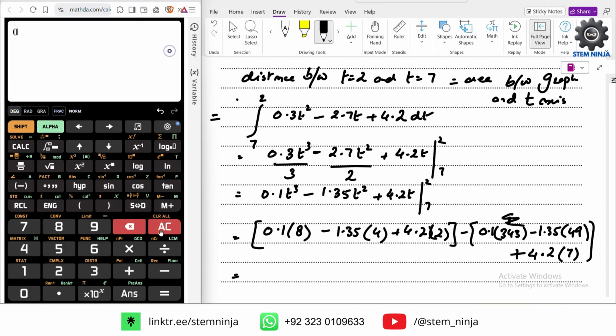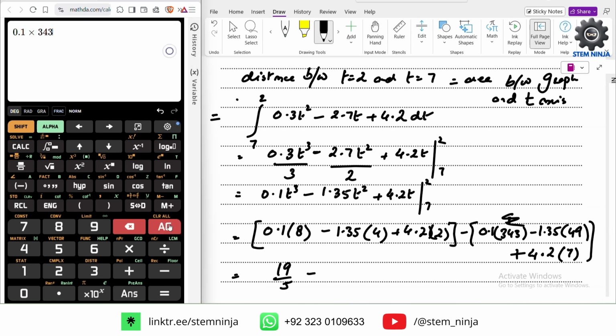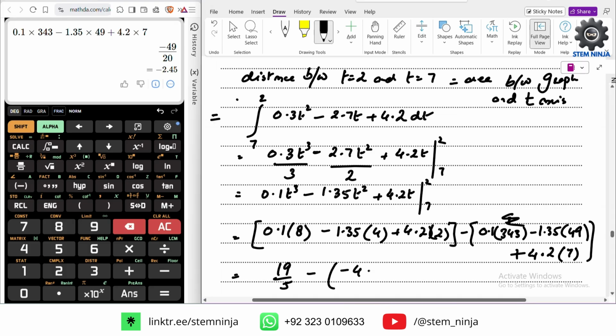Now we just need 0.1 times 8 minus 1.35 times 4 plus 4.2 times 2, which is 19 over 5, minus 0.1 times 343 minus 1.35 times 49 plus 4.2 times 7, which is minus 49 over 20.